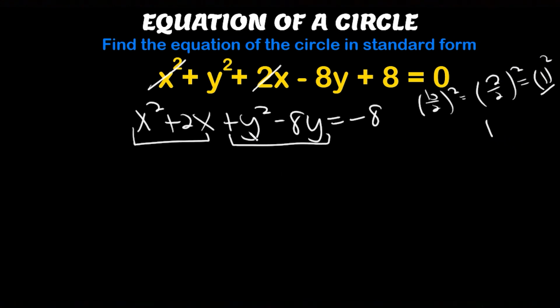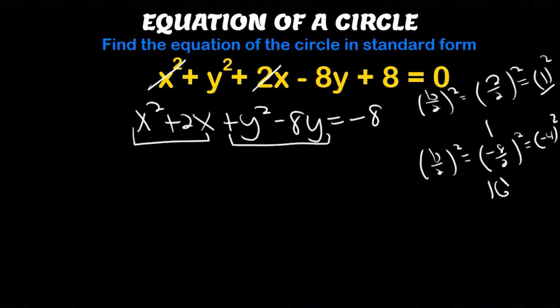I now have to do it on this part here. So I'm going to do, again, b over 2 squared, which is equal to, well, my b here is negative 8. So I get negative 8 all over 2 squared, which is going to be equal to a negative 4 squared. And I know that negative 4 squared is going to be 16. So I get plus 16.